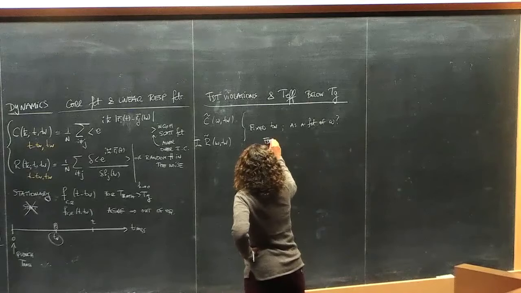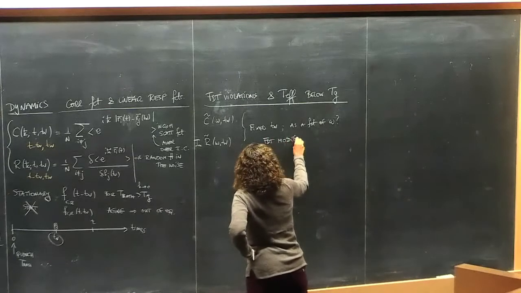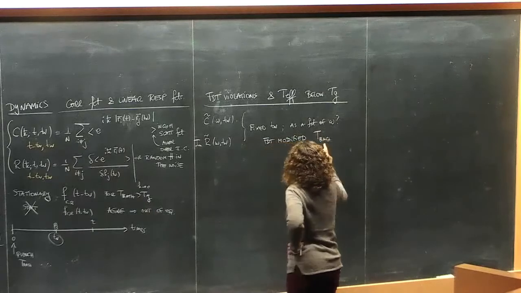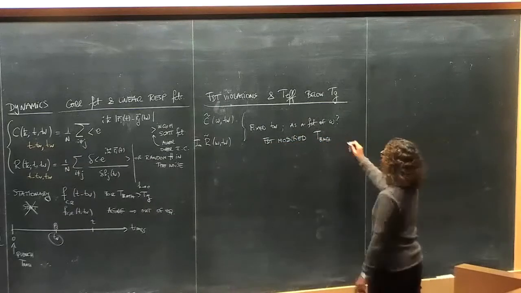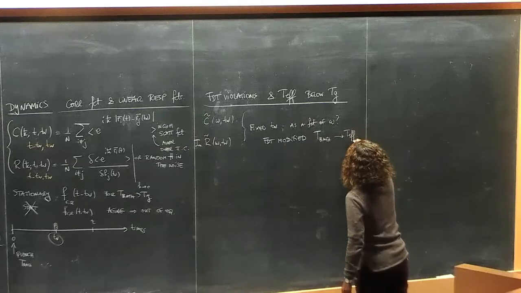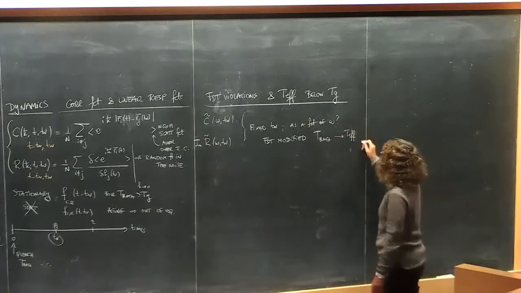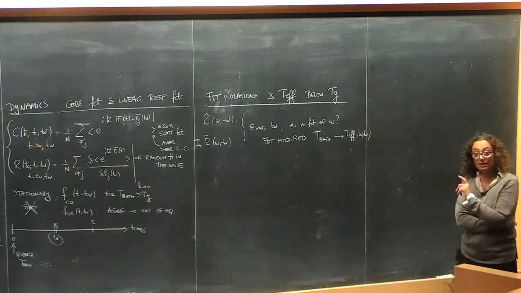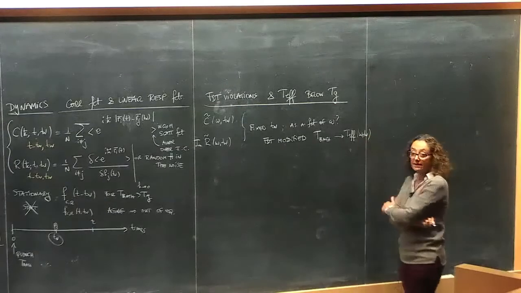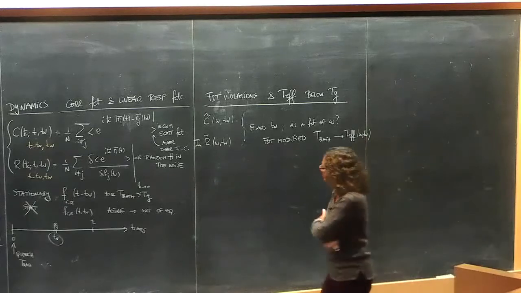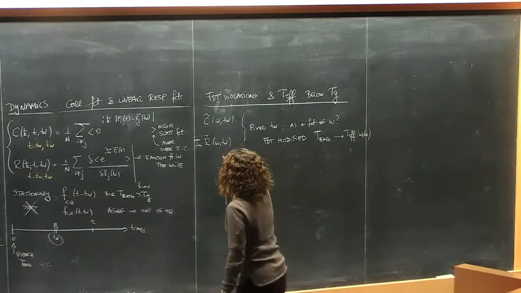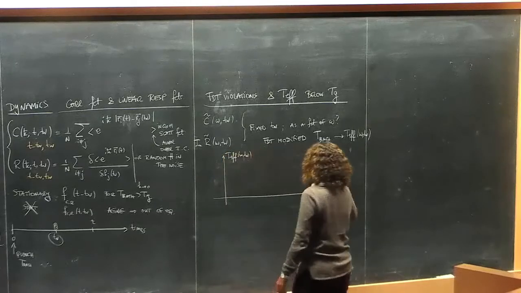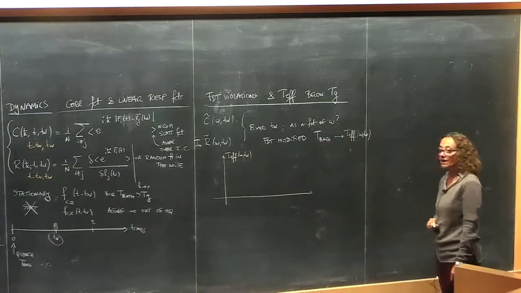So FDT modified, where the temperature of the bath, which is what should have appeared in the FDT in equilibrium, is upgraded to some TF, a TF of omega TW, but with a very simple dependence on these omega and TW parameters that I can simplify in this plot here.